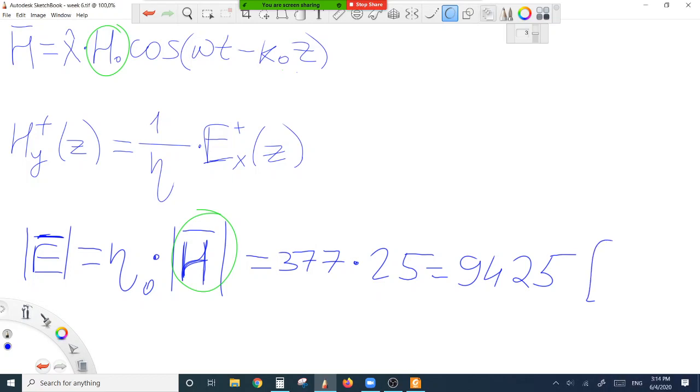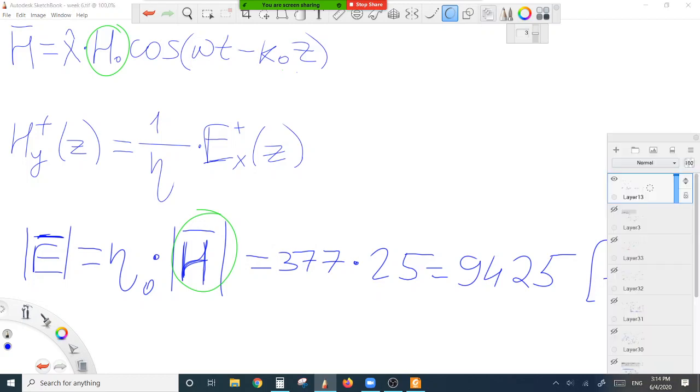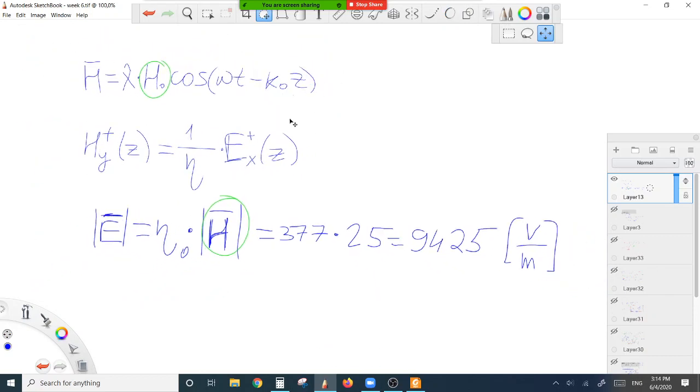The unit of measurement is volt per meter. Okay, we found the magnitude of the electric field intensity.